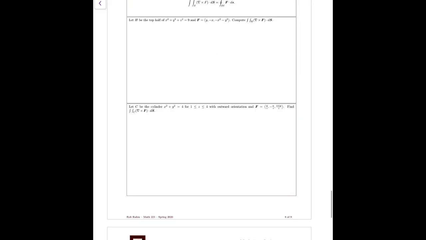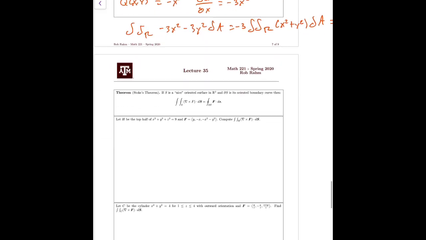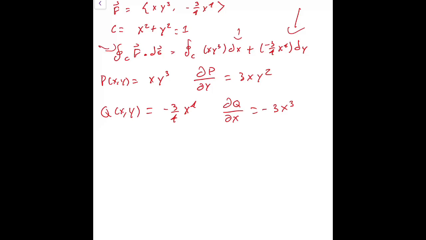And so now what does Green's theorem say? It says the line integral is equal to the double integral of Qx minus Py. So this is going to be the integral over the region R, where the boundary curve is the circle of radius 1 centered at the origin. So then R is going to be the disk of radius 1 centered at the origin, and it's Qx minus Py.